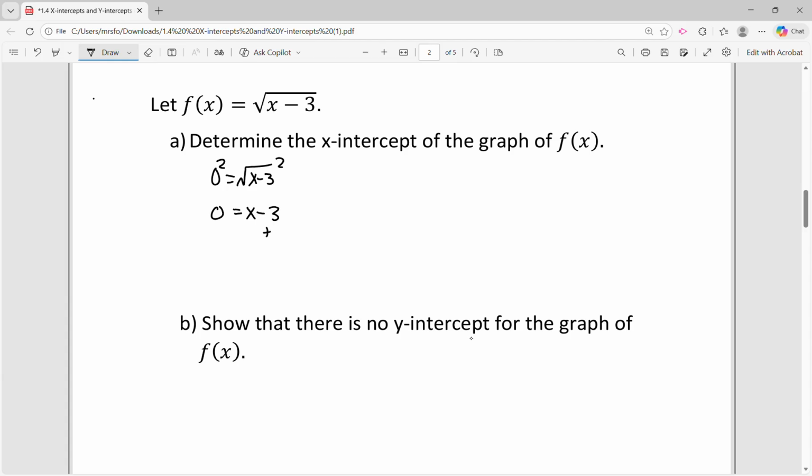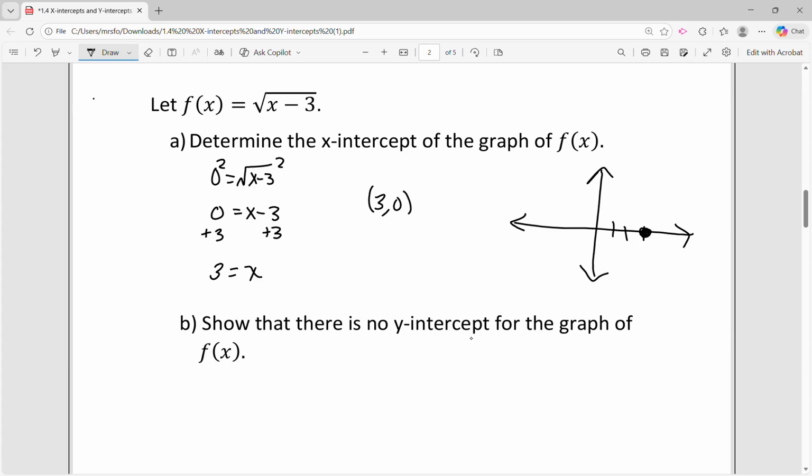The goal is to solve for x. 3 equals x. So (3, 0) is our x-intercept. So on a coordinate plane, that's where the x-intercept would be.